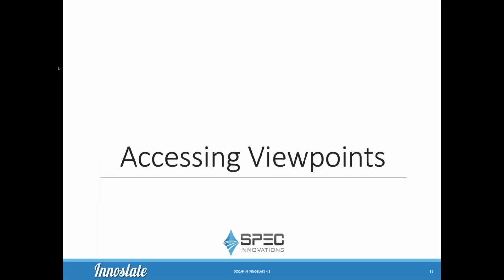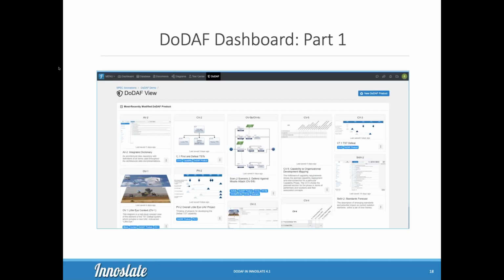So accessing viewpoints. One of the things that we do is we present them in what has now become one of our key kinds of viewpoints that we've created, which is a combination of our documents and our diagrams viewpoints. So it looks like these little tiles.